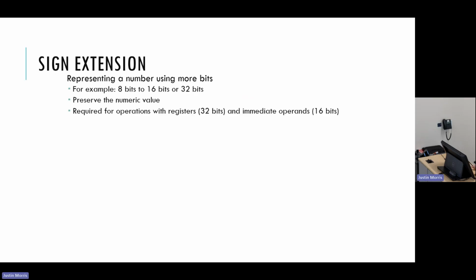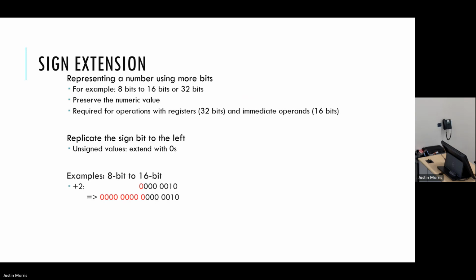Right. So sign extension, we talked about this just now. You just replicate the sign bits. The other thing is if it's unsigned, you always just copy 0s. If it's signed, you copy the sign bits. So here we have signed examples.